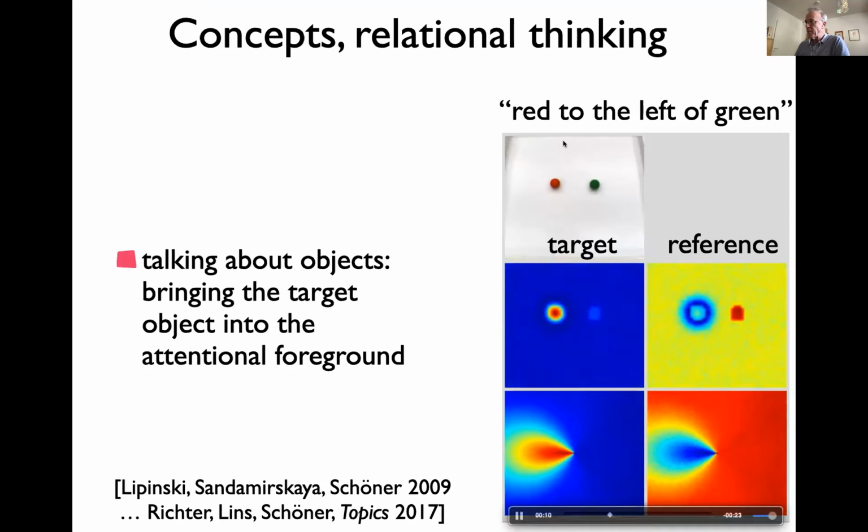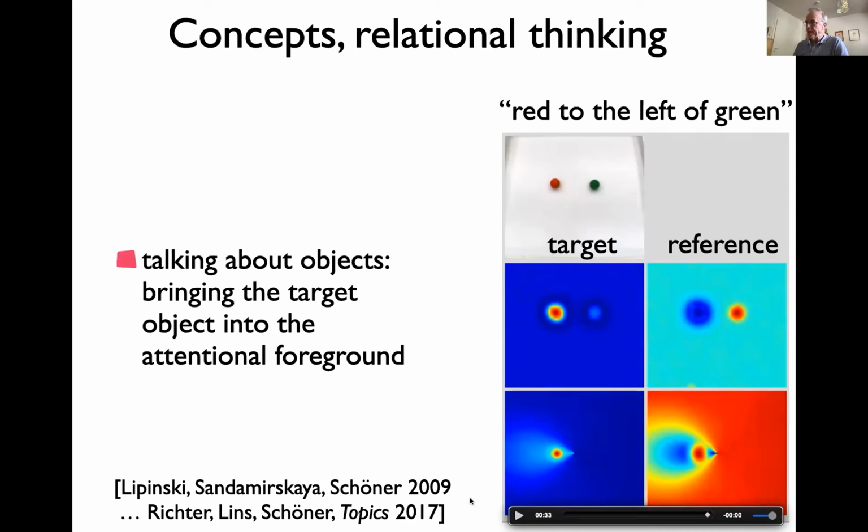And so here you have an example, a phrase that says red to the left of green. If you hear that phrase and you see this sort of scene, then perceptually grounding that phrase means that you know that the speaker is talking about this red object here, and that this is the object that this is relative to.